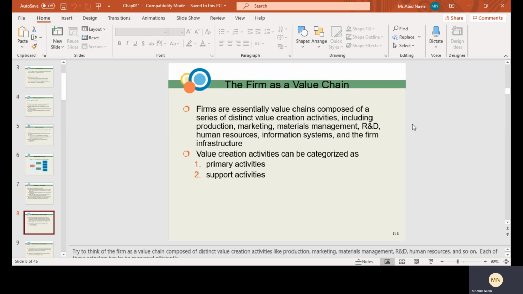Combining these different distinctive value creation activities translates into a value creating firm. Value creation activities can be categorized into two sub-activities. One is primary activities, and the second is support activities.